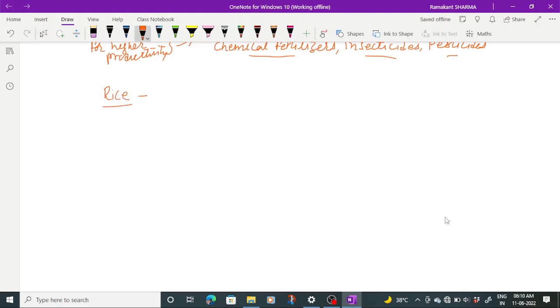Rice is grown in Haryana and Punjab, and people use that system there. But rice is also grown in Orissa, though it is not such a system there. In Orissa, this is a subsistence crop.